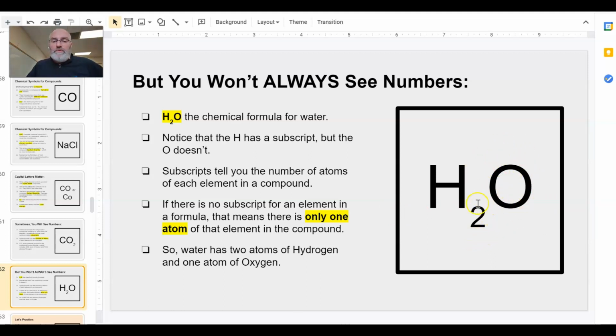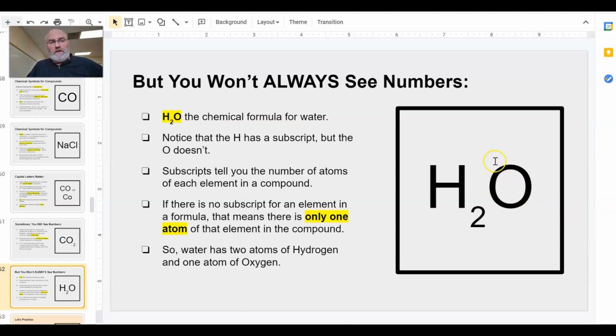But we also know from this subscript that there are two atoms of hydrogen in a water molecule. And if you look over here, there is no subscript for the oxygen, right? When you see no subscript for oxygen, what it's telling you is that there's just one atom of oxygen in a molecule of water.